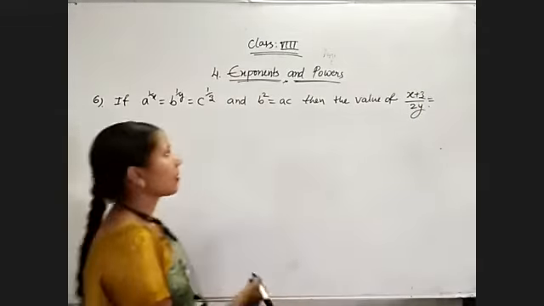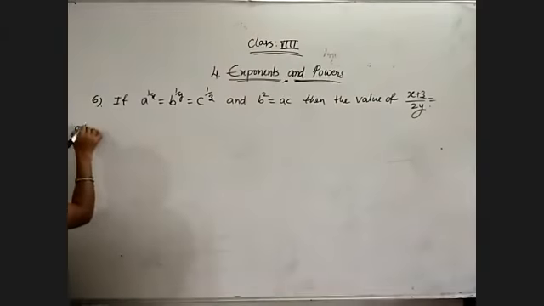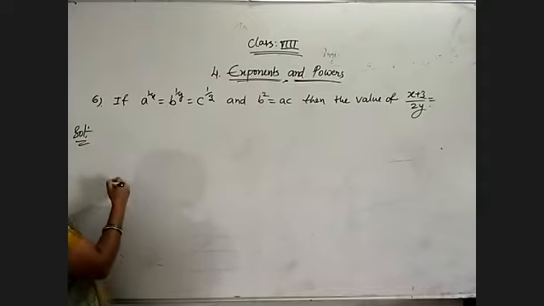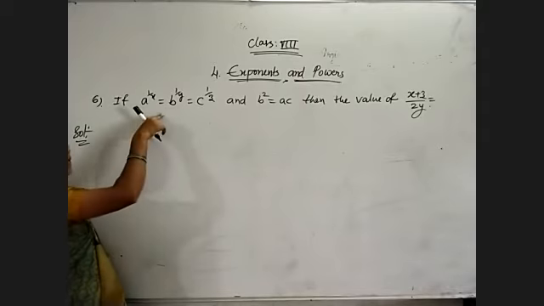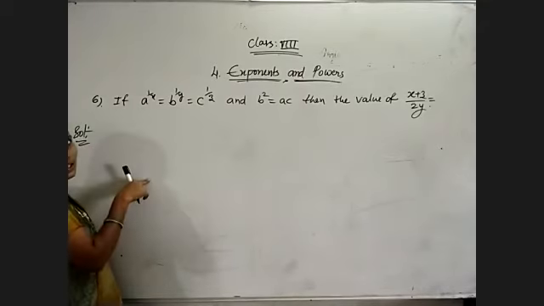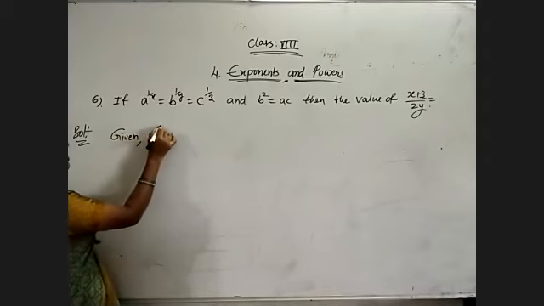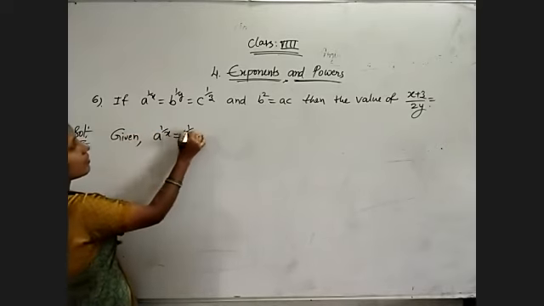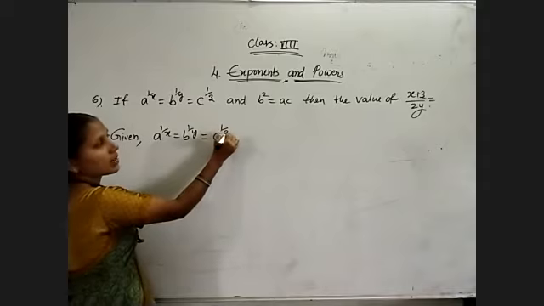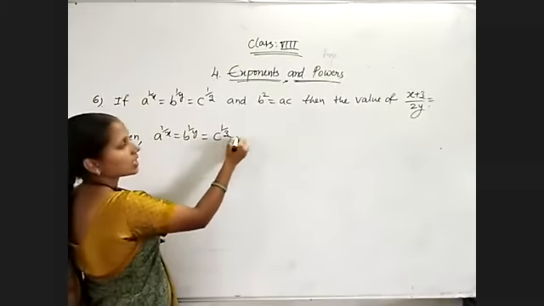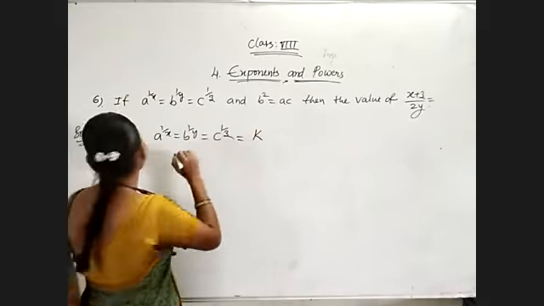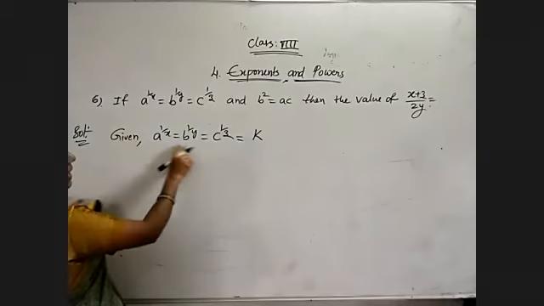Now whatever is given, use the first relation and the second relation. First they have given that a power 1 by x is equal to b power 1 by y is equal to c power 1 by z. So I am taking all these three as k, because they are given as equal.